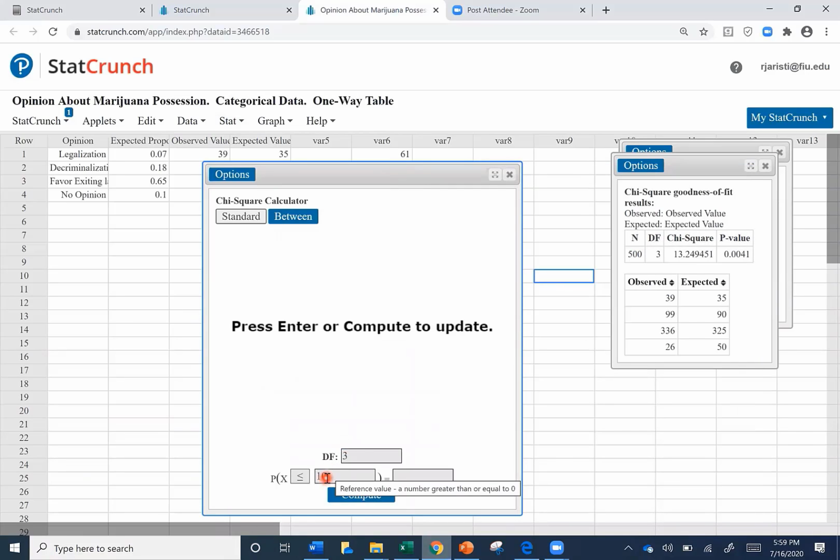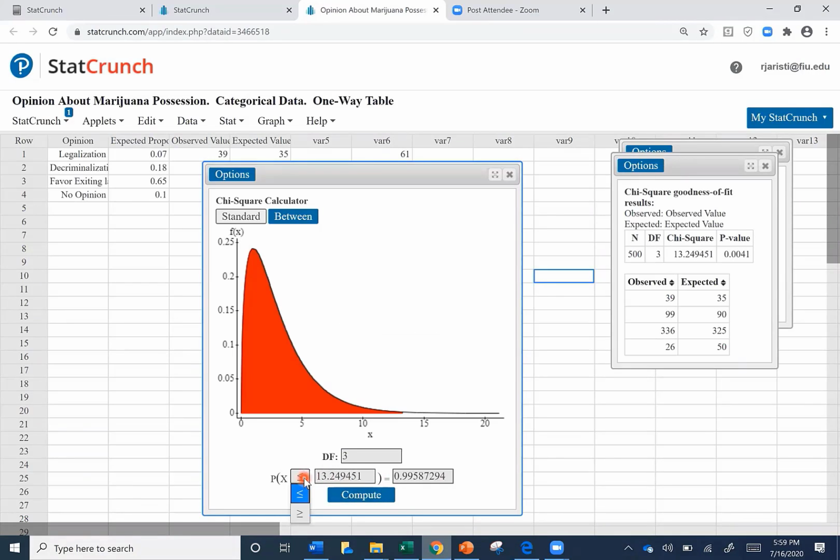My test statistic is 13.249451, and compute. No, it's the probability of being smaller than this value, but I want greater than this value. It's exactly 0.00412706. That is my p-value, the probability to get a sample with this value or one more extreme.